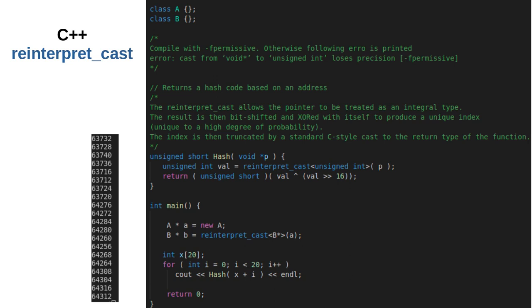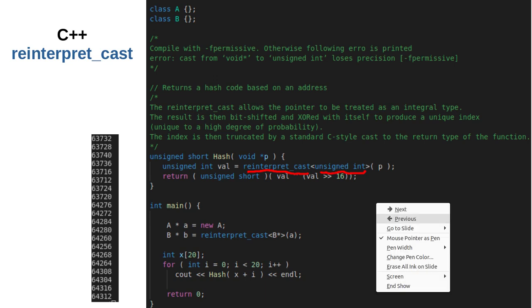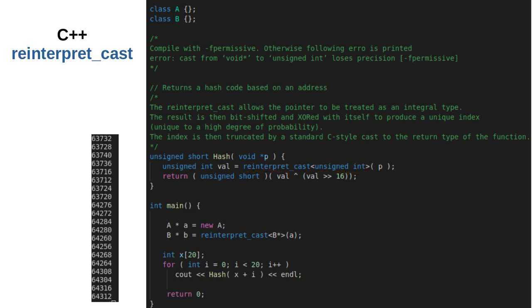Or here we have another example. I create a hash function that takes a void star parameter, and I use reinterpret cast to cast this pointer into type unsigned integer, and after I do that I use XOR to do the hashing, so that mostly unique values will be generated from this function.